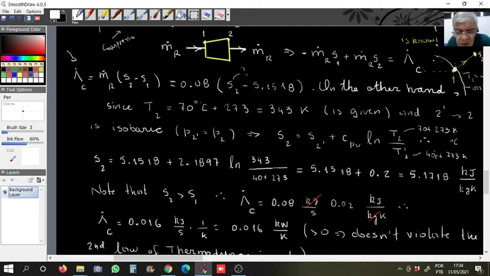This is 343 divided by 313 in this case. Find this number from the calculator, you get 0.2. My goodness. So for the temperature at 2, the superheated vapor, you just add S2 prime to 0.2.